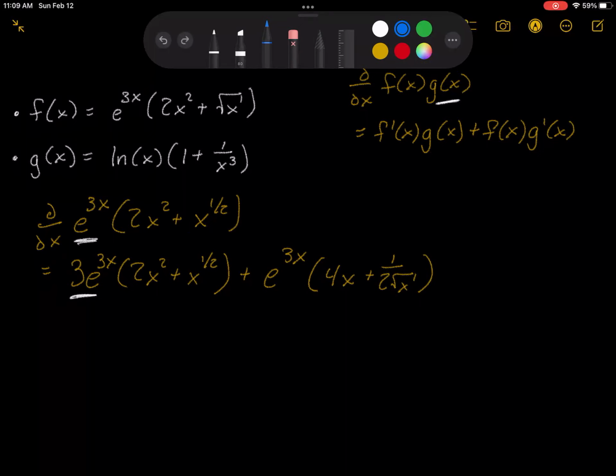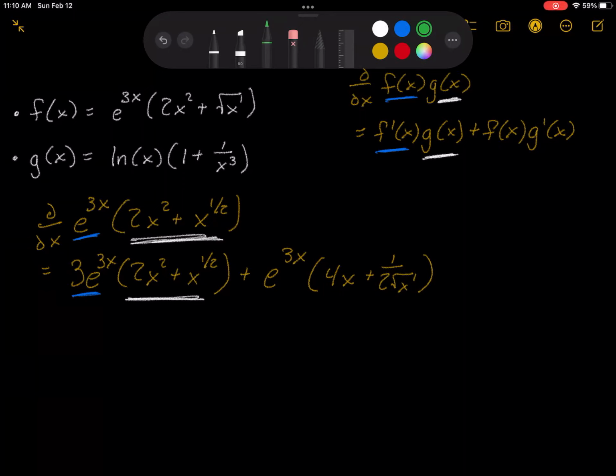Sorry, nope. That's my first part of the function. This is my differentiated first part. This is the second term in the product. This is it just copied down.